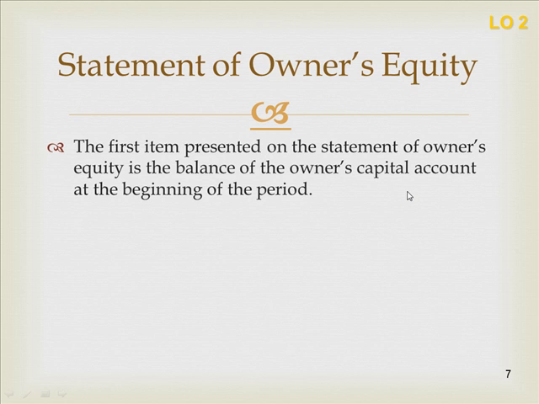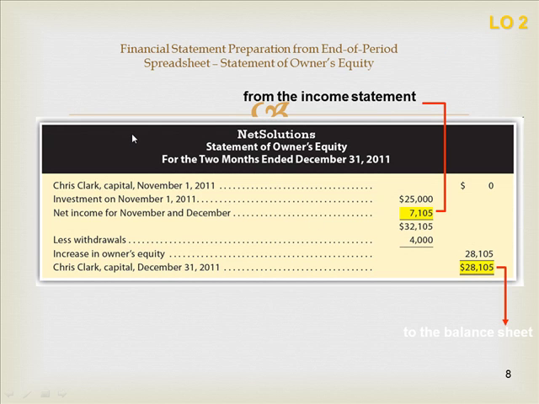The first item presented on the statement of owner's equity is the balance of the owner's capital account at the beginning of the period. So for Net Solutions, we're preparing a 2-month statement of owner's equity. So we need to go and pull the beginning equity.